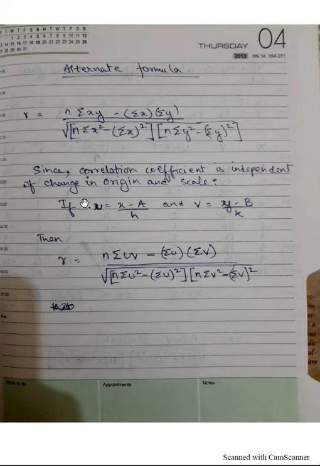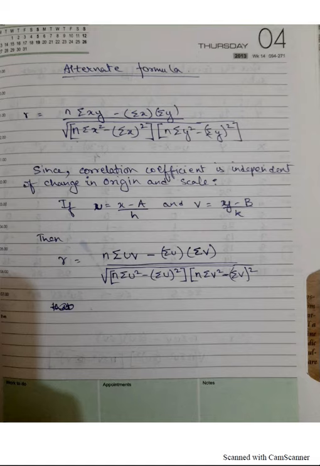So if we change the origin and scale of x and y and define new variables such that u is equal to x minus a divided by h and v is equal to y minus b divided by k, then the correlation coefficient between x and y will be equal to the correlation coefficient between u and v.